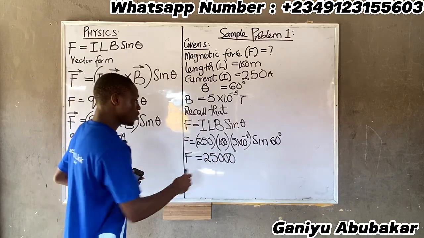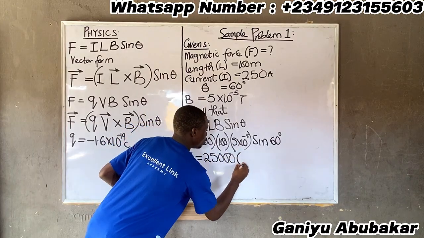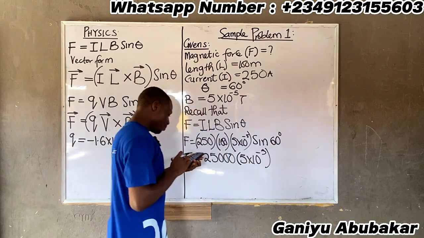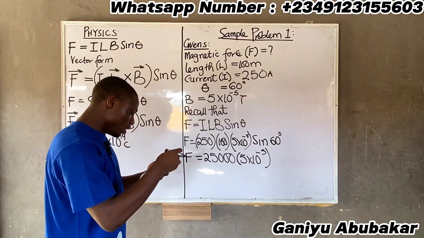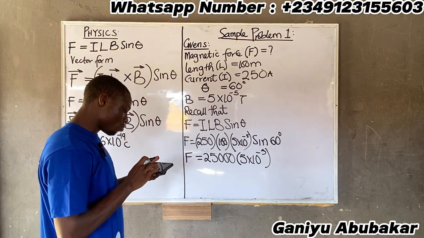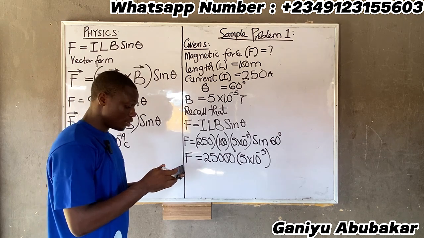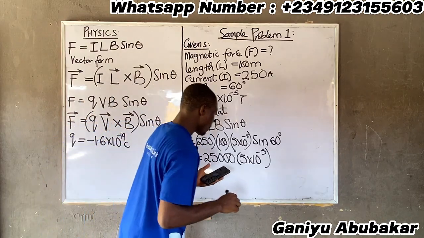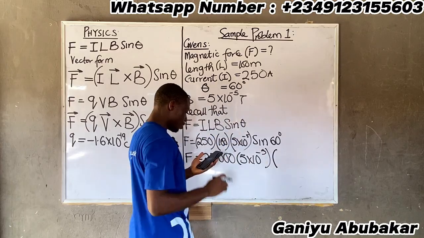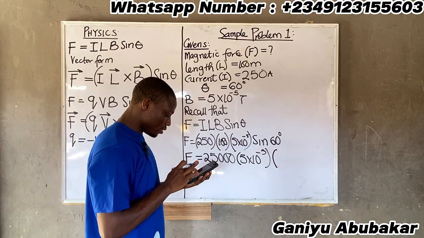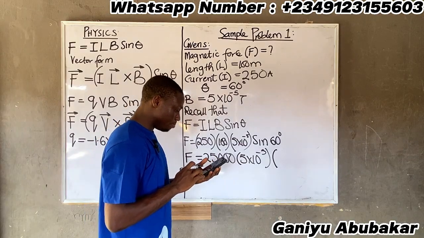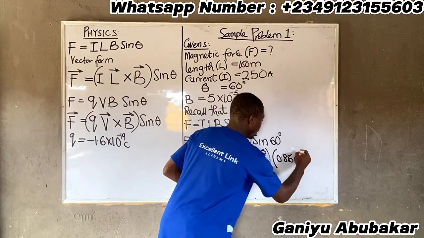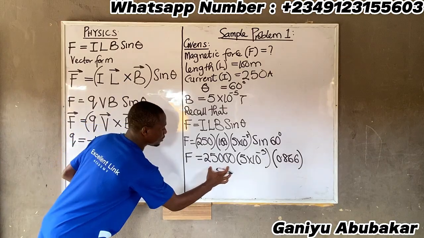Don't forget I have this one left, times 5 times 10 to the power minus 5, times sin 60. Sin 60 is 0.866.